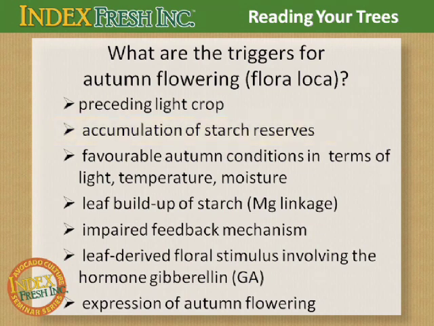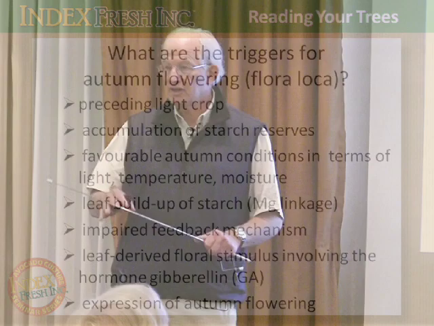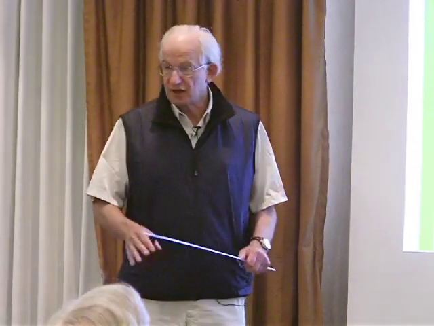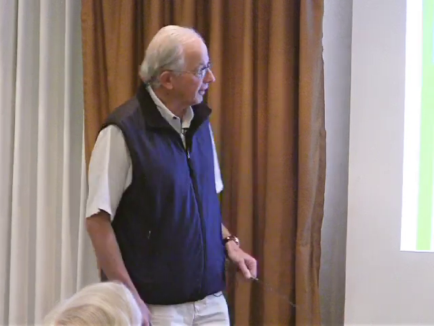In some cases, it's simply because the tree has not performed for 1 year and sometimes even 2 years. And so there's been a buildup of starch in the tree, but we haven't had much crop from those trees. The consequence of that is that you often get an accumulation of starch reserves. That means the tree is full of starch. It hasn't performed for a couple of years, and so the tree is full of starch, and that's a precursor for autumn flowering.